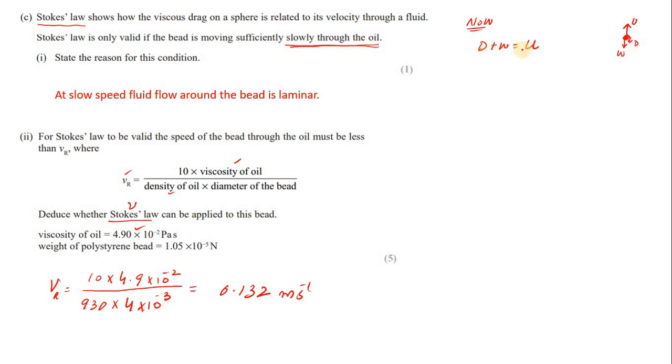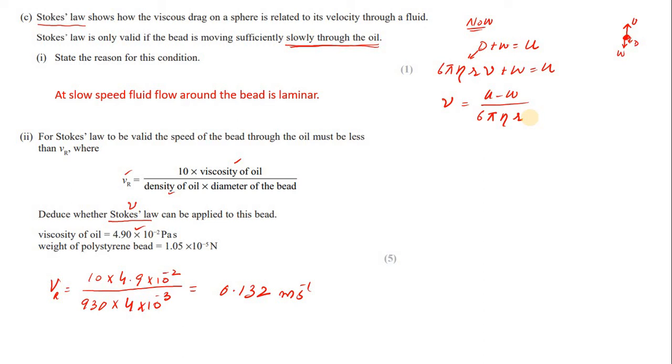According to Stokes' law, the drag is 6 pi eta r v, where v is the velocity, so 6 pi eta r v plus W equals U. We need to find this v, the speed according to Stokes' law. Making v the subject, v is equal to (U minus W) divided by 6 pi eta r.